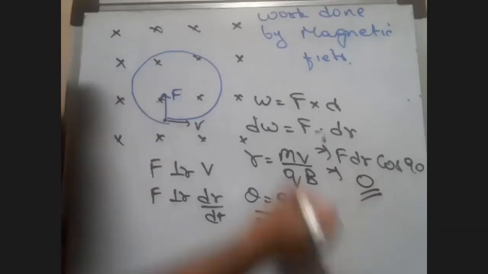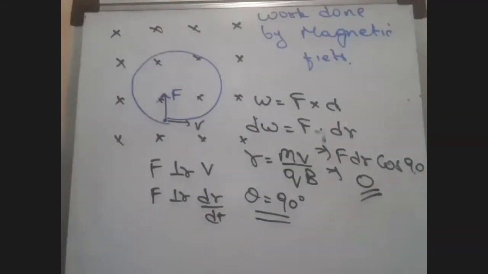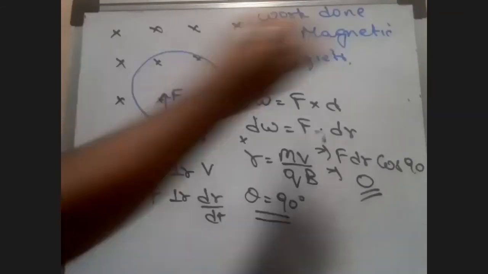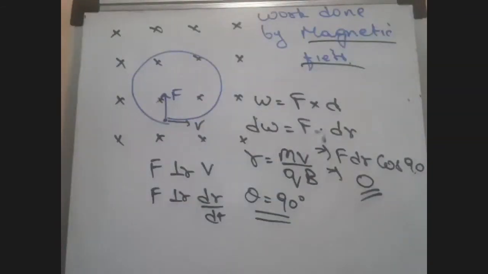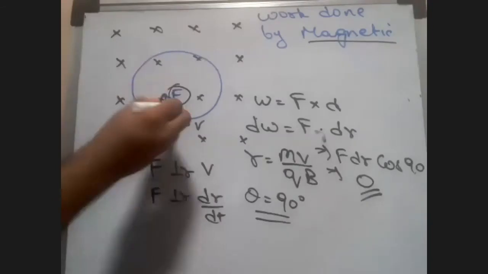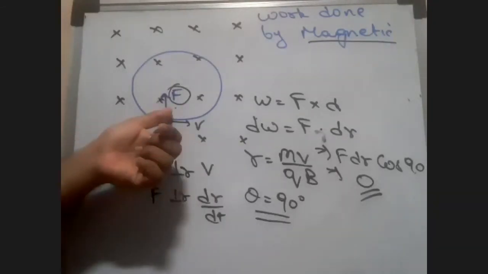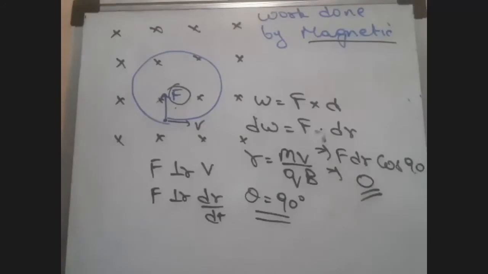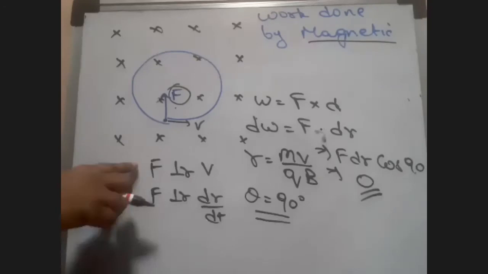So remember, students, the work done by the magnetic force on a charged particle, because we are talking about a magnetic force right now, is 0 when the velocity and the force are perpendicular to each other. Force is perpendicular to velocity. At that point of time, you can say that F is perpendicular to V.